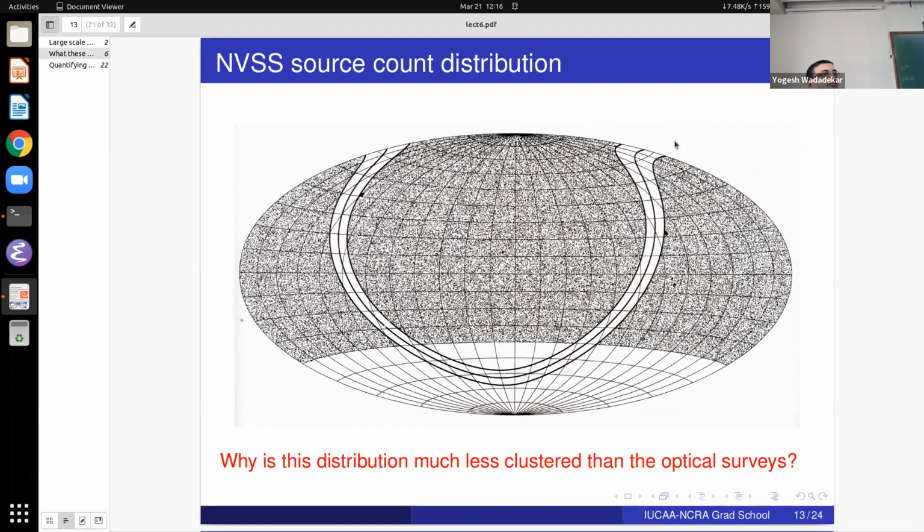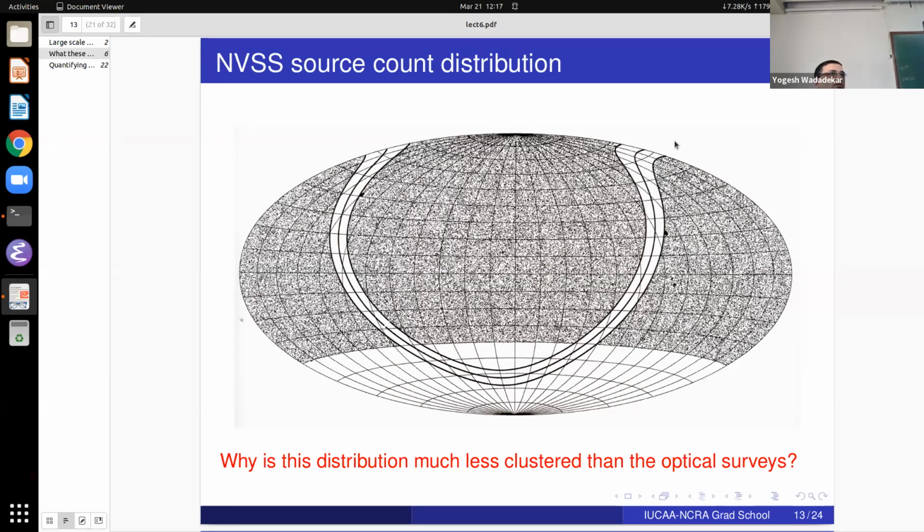If, on the other hand, you do another survey which is 1,000 times more sensitive, which goes to, let's say, 0.1 millijansky at 1.4 gigahertz, then you'll obviously be dominated by fainter sources. The number of sources will increase. You try to find the median redshift of those faint sources, and you'll get a median redshift of 0.1.